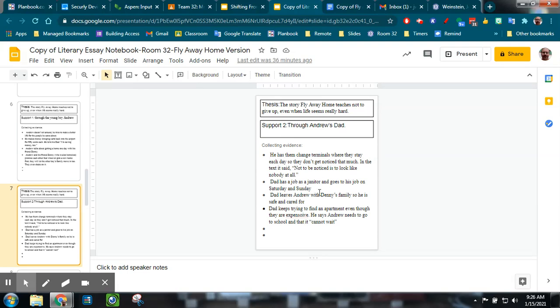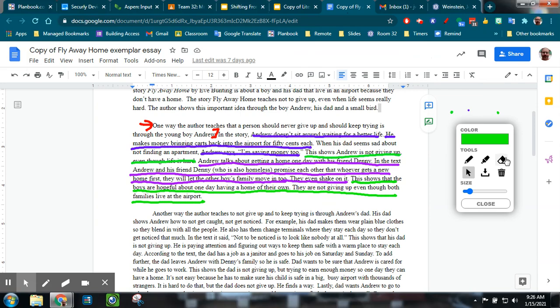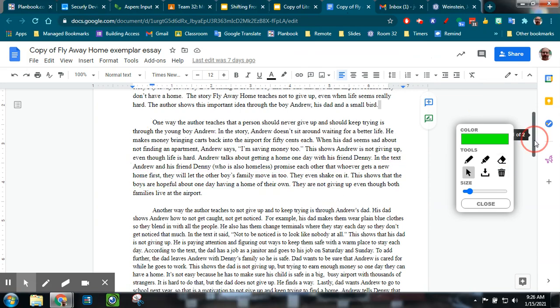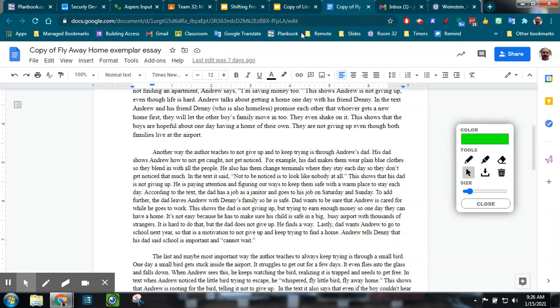So each of these lines are my evidence. They're going to go into my paragraph. And after every single piece of evidence, I'm going to have an explanation. So, for example, here, let me change the color again, sorry.